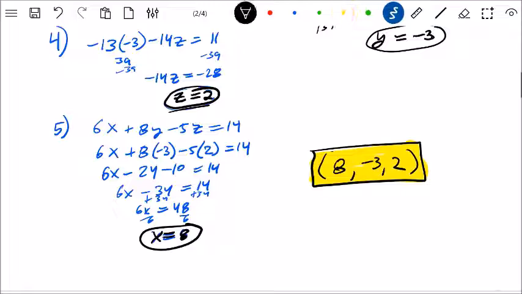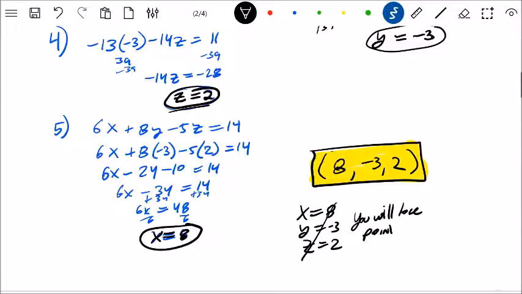Now, remember something. If you were to answer it this way, x equals 8, y equals negative 3, z equals 2, you will lose points unless you answer in this format.